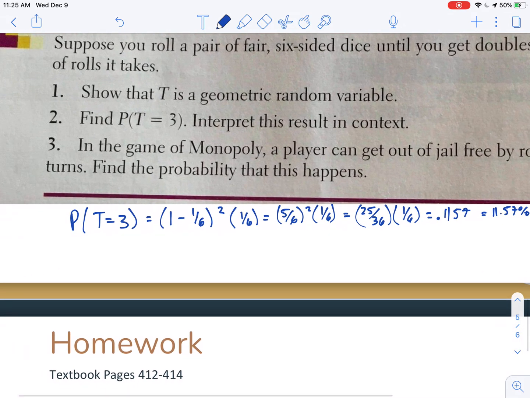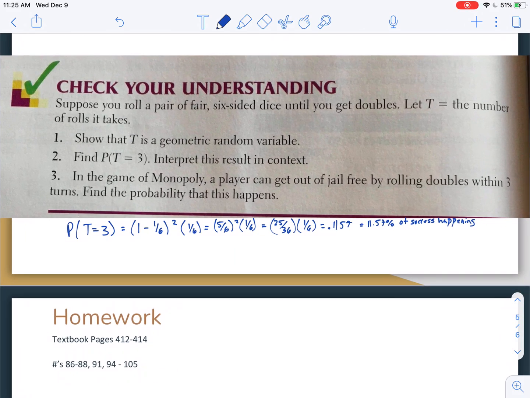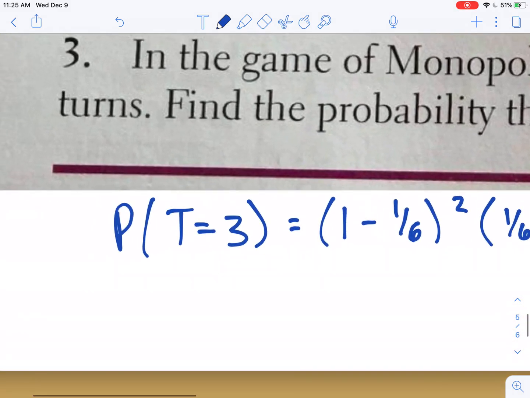All right, so in the game of Monopoly, a player can get out of jail free by rolling doubles within 3 turns. Find the probability this happens. So you might be tempted to say that this is the probability T is equal to 3. It's not. It's the probability T is less than or equal to 3. Because if you roll doubles on your first turn, then you're golden. You've got it done.